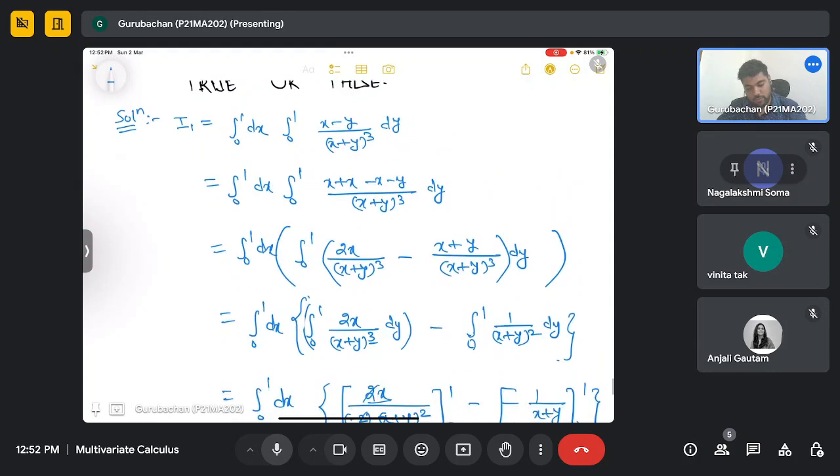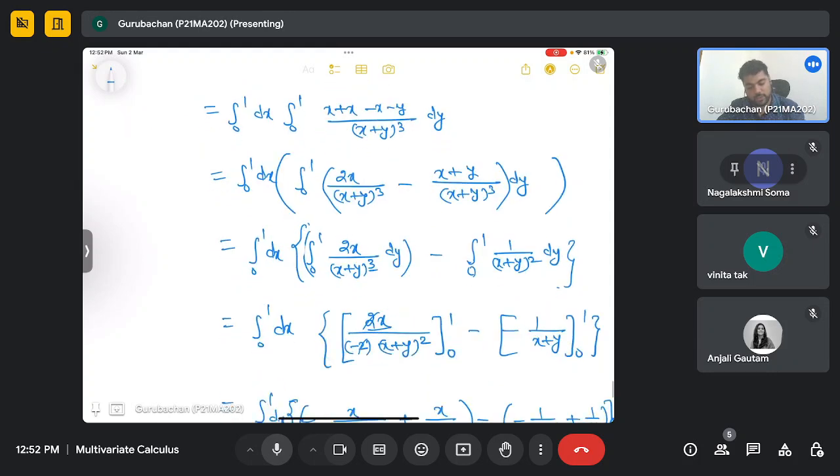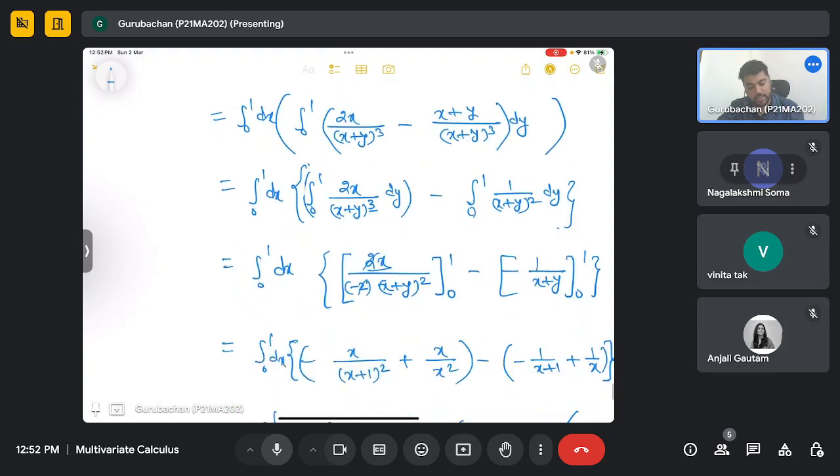So from here we have taken x plus x minus x, and this will give us 2x divided by this, and this will give us (x plus y) to the power minus 3 plus 1 divided by minus 3 plus 1, which will give us this 1 by (x plus y) square into minus 2. Similarly, here we will get minus 1 and divide by minus 1.